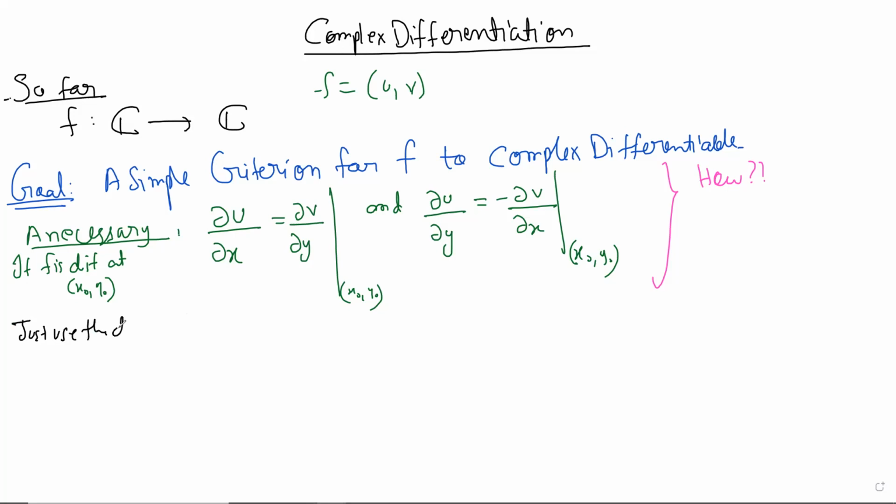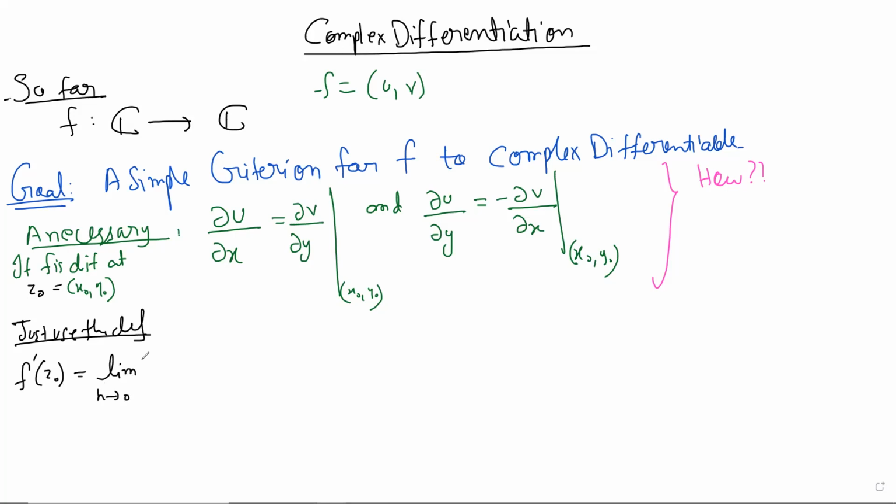Let us just do it, because then we will also see that there are some other necessary conditions in this. So assume that f is complex differentiable at (x0, y0). What does that mean? Let's call this z0. Then we know that this limit exists because of our assumption.